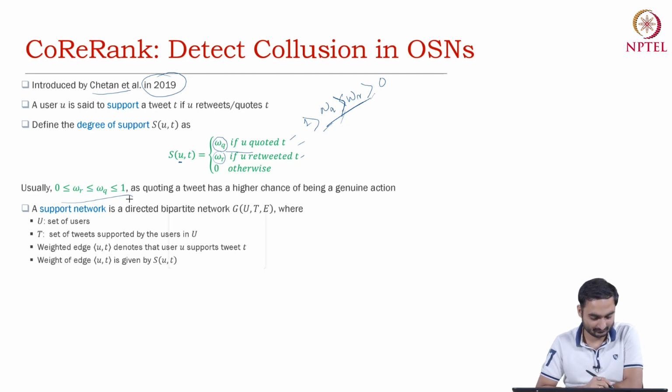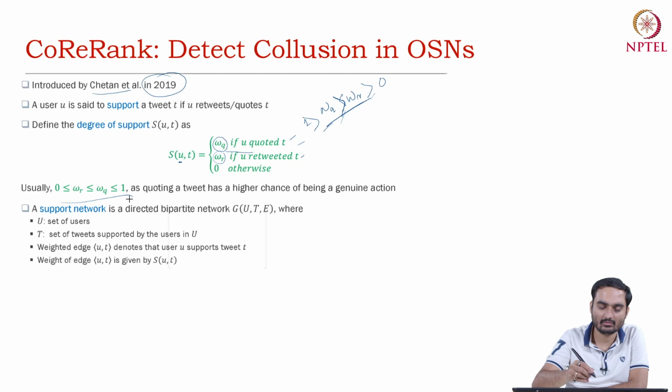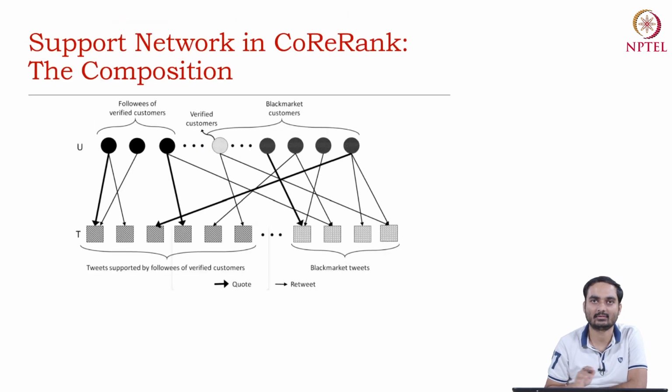Now we create a bipartite network. In a bipartite network, what are the users? Some users are taken from black markets, some users are normal users, and so on. Now remember, this is an unsupervised method. So whether a user is part of a black market service or not is completely unknown to our algorithm.